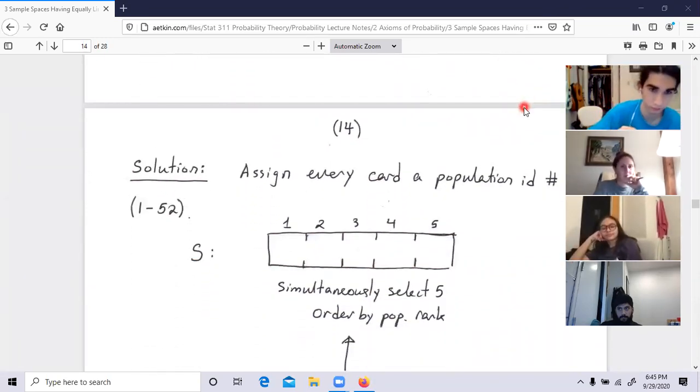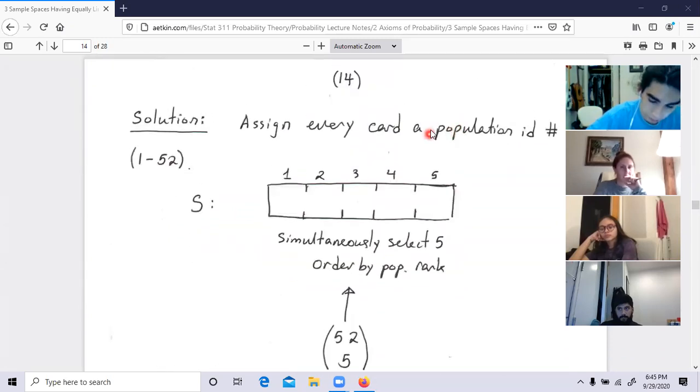So first of all, I assign every card a population ID 1 through 52. Each card has a number attached to it, 1 through 52.